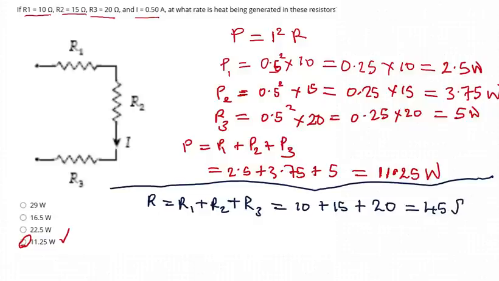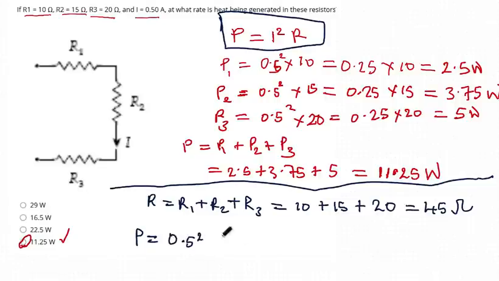Having gotten the equivalent resistance, we make use of this formula. So we have P equal to I squared R, where I is 0.5, multiplied by 45.